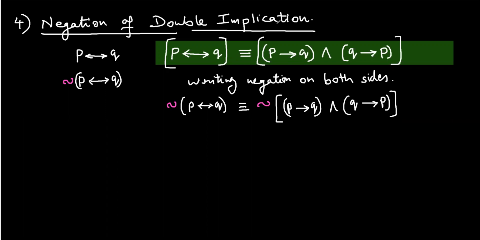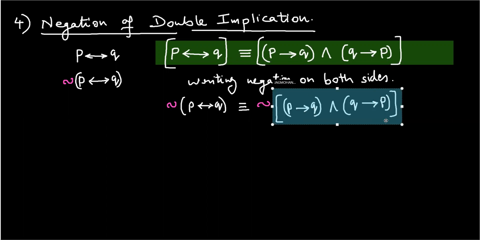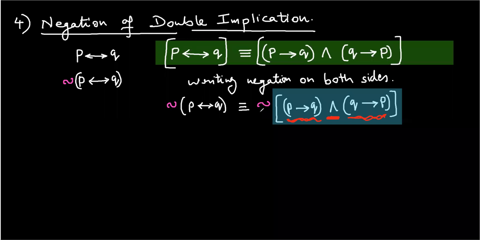Students, see this right hand side statement pattern. What do you notice? Don't you see that you got here a conjunction of two statements? Inside the bracket, you have a conjunction of two statements, and you know that negation of conjunction is disjunction of their negations.